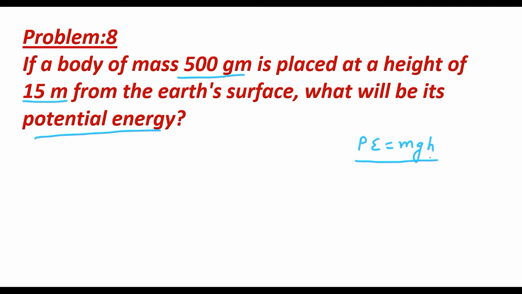So in this case, a body of mass, so here mass is given 500 gram and height is given 15 meter. So this is given, but mass is given in grams, so here we have to change it in kg.